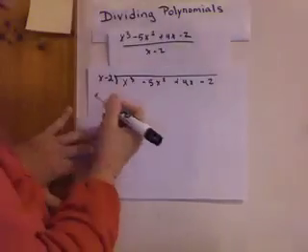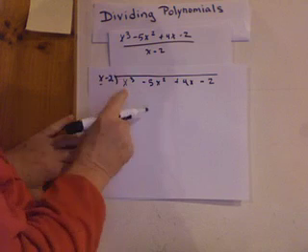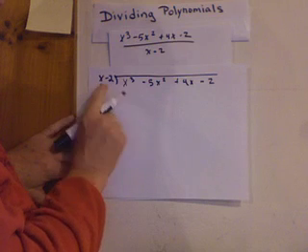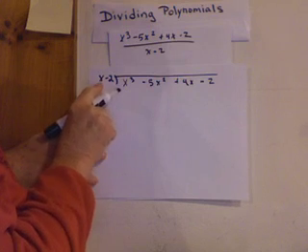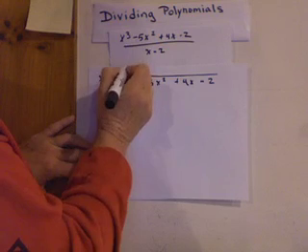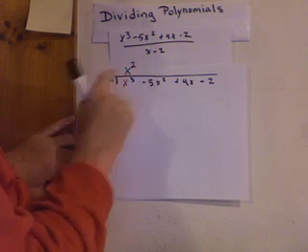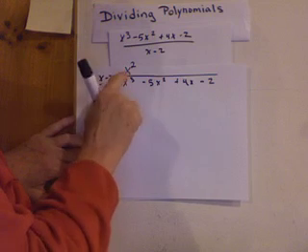When you're trying to do the long division, you look at the first term here and the first term here and think multiply. What would I multiply x times to get x to the third? Hopefully you realize that's x squared. Then you multiply x squared times both of those terms. Watch what goes on.